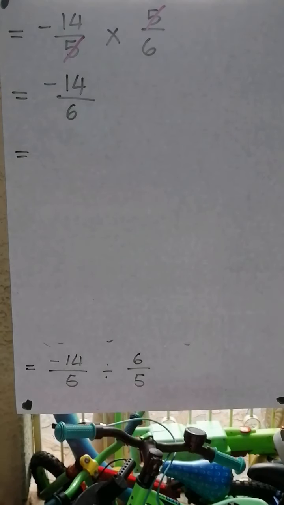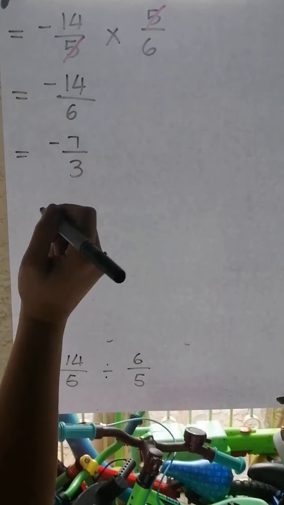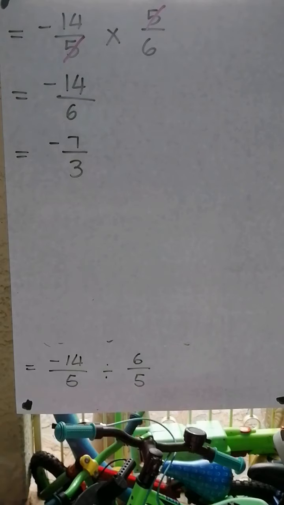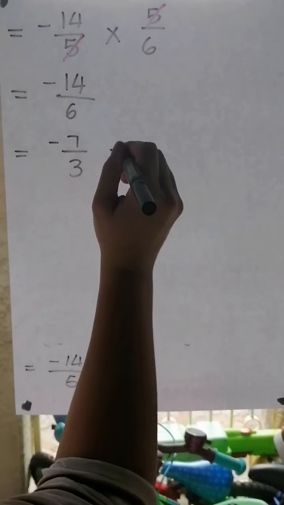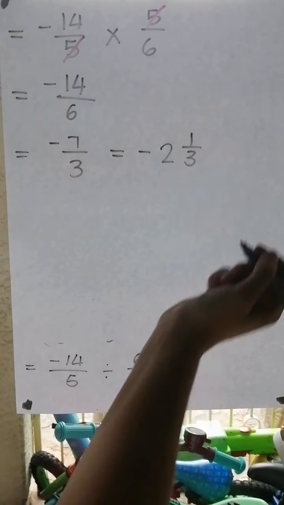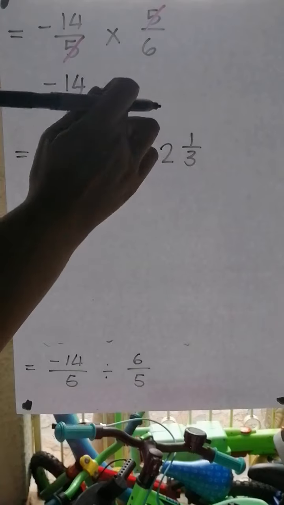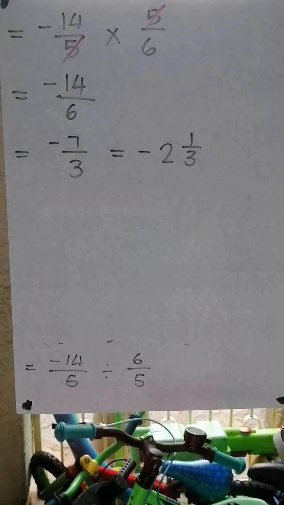Simplifying negative 14 over 6 is negative 7 over 3. Okay, if you want to write it as a mixed number, you can, which is, I don't struggle, but I don't enjoy it, negative 2 and 1 over 3 is a mixed number. But getting right there is fine. Please, you have to simplify that further.